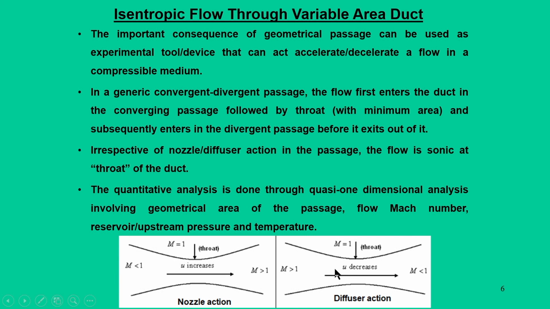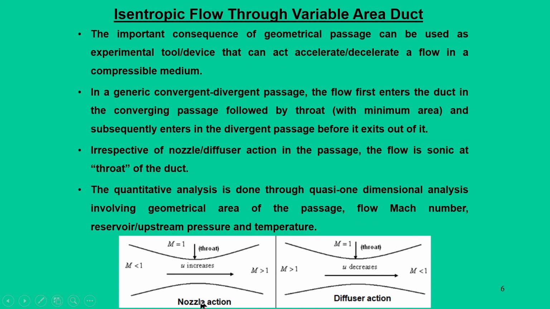That means, if you keep the required pressure difference, there will be sonic flow only at the throat. And we can do the quantitative analysis through the quasi one dimensional approach, by which we can find out the flow Mach number depending on the upstream and downstream pressure and temperature differences.